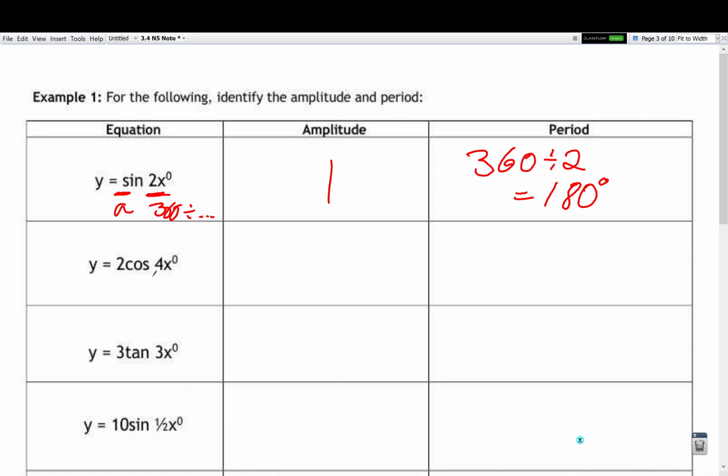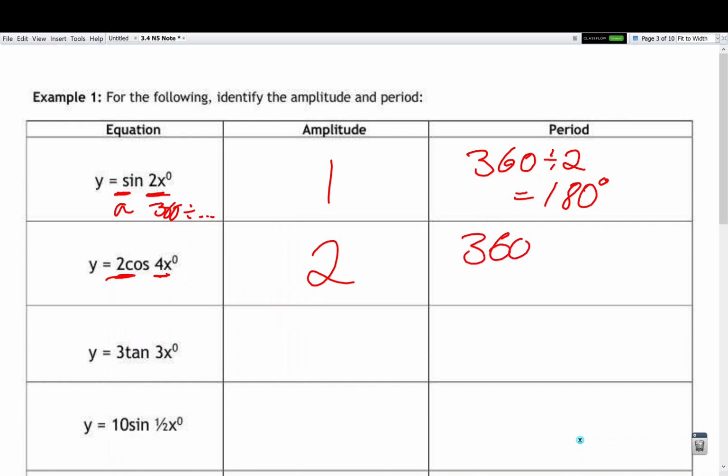If it's 2 cosine 4x, the amplitude means it goes up to 2, down to minus 2. That's a distance of 4. The amplitude is half of that, so therefore the amplitude is 2. So it's just the same as whatever number is in front of the trig function. This is a 4x this time, which means there will be 4 times as many waves in 360.